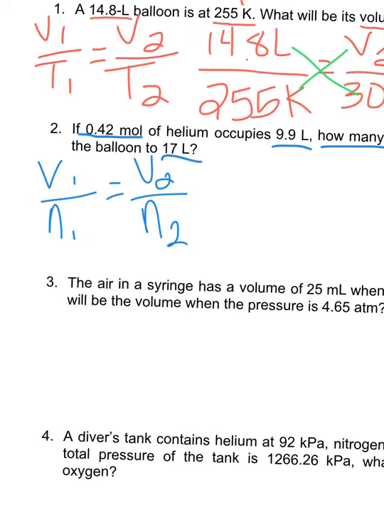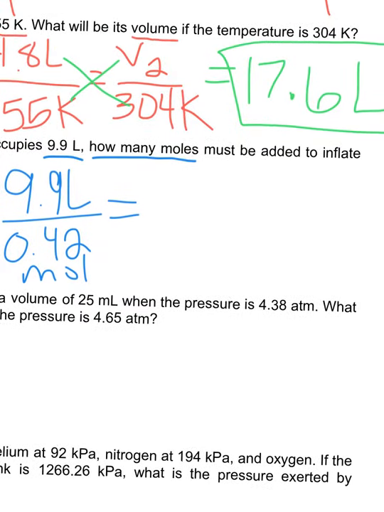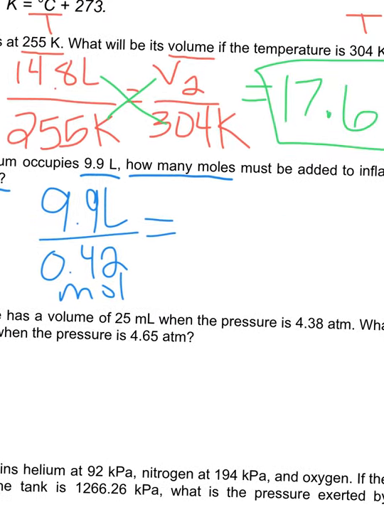So remember, the ones represent your values before anything changed. If 0.42 moles of helium occupies 9.9 liters, that's before, right? That's your initial values before anything changed. So our original volume, 9.9 liters. Original number of moles, 0.42. And we set that equal to our conditions after the change. How many moles must be added to inflate the balloon to 17 liters? 17 liters.